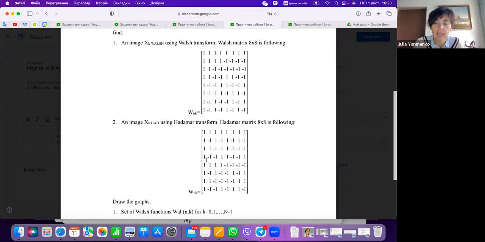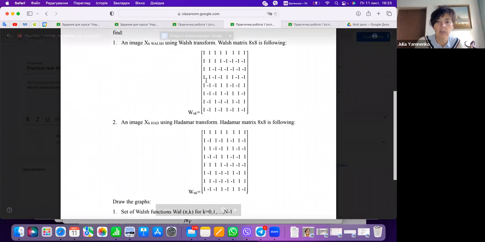They have the same dimensions, for example here 8 by 8, but in other cases it could be 4 by 4 or 16 by 16 and so on. But the order of horizontal rows in the matrices is different for Hadamard compared with Walsh.